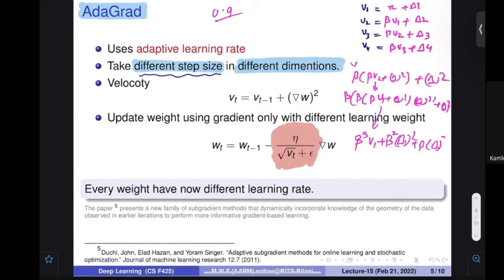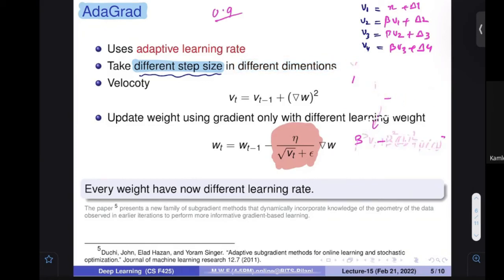So here if you open the last one, v4 is equal to what? Can you help me find the value? It is delta 1 multiplied by how many times? 1, 2, 3: beta cube delta 1 plus beta square delta 2 plus beta times delta 3 plus delta 4. Am I right?